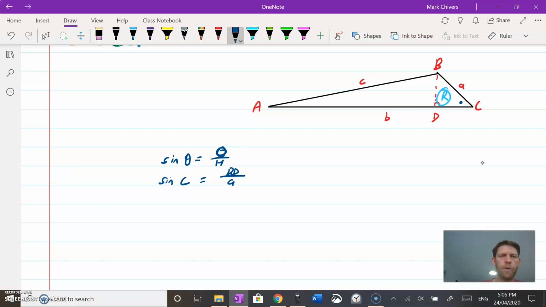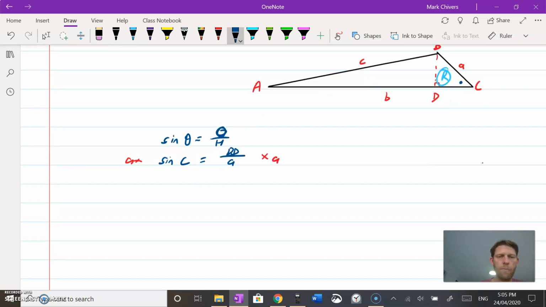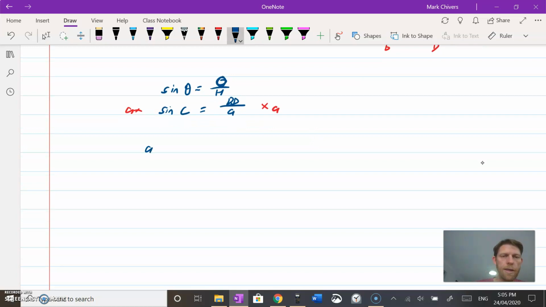So if we multiply both sides here by A, we're going to end up with A sine C equals BD, but BD is just the height of the full triangle.